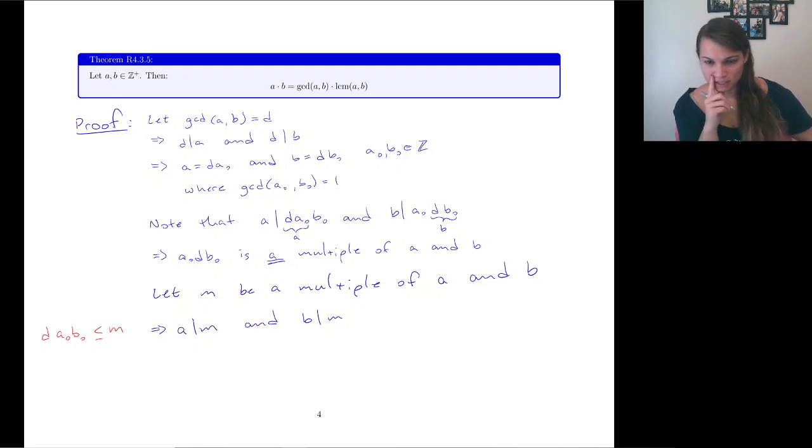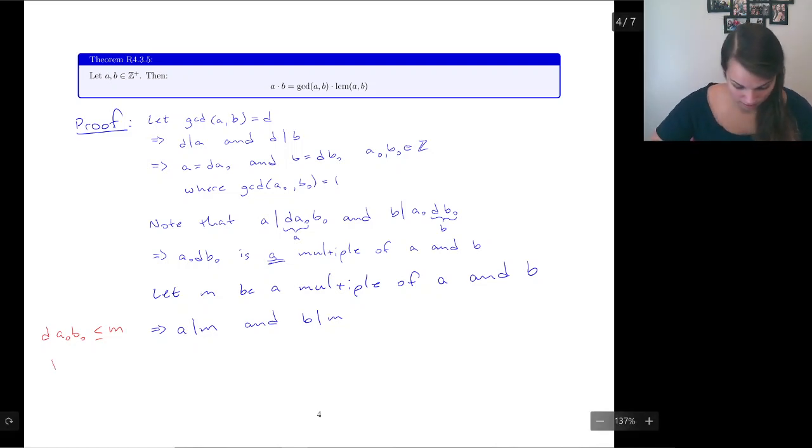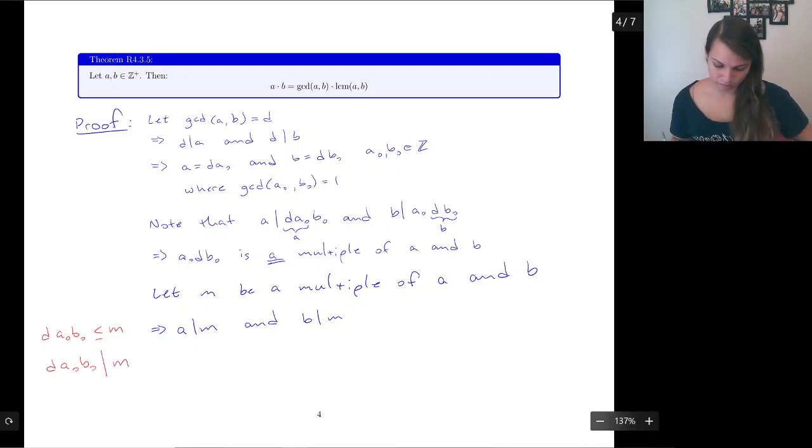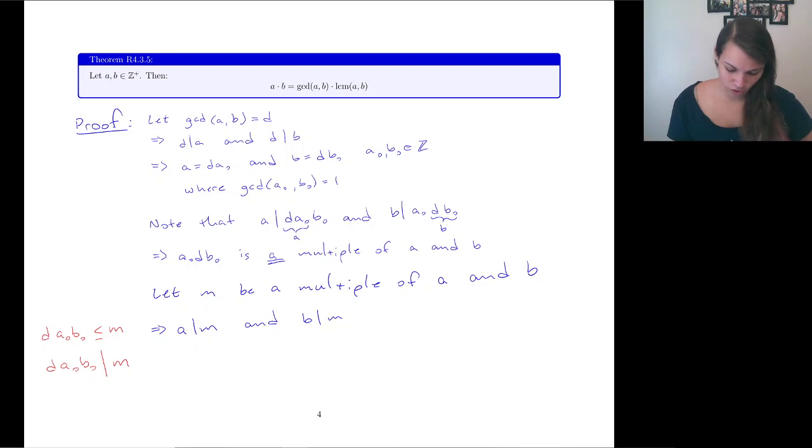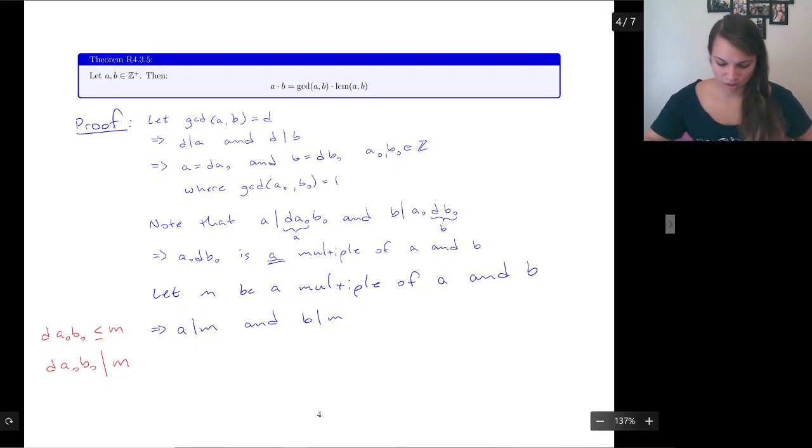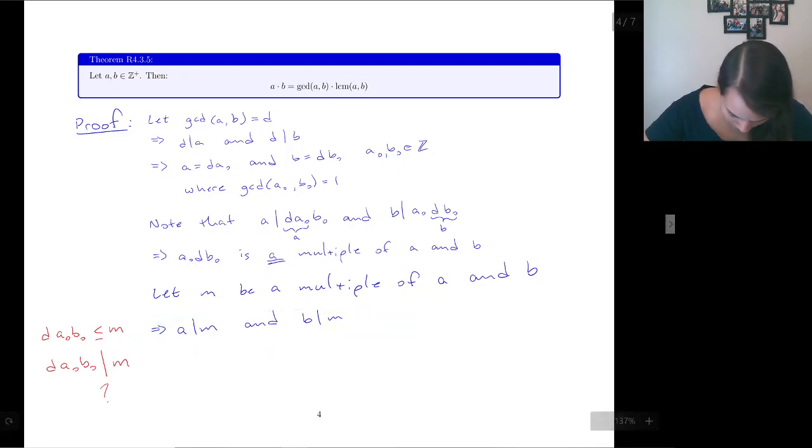One way that we could get this is if maybe we could conclude that D A naught B naught divides M. Certainly, M would have to be bigger if that number divides. So can we get to here? We can if we do the correct substitutions using the information that we have right here.